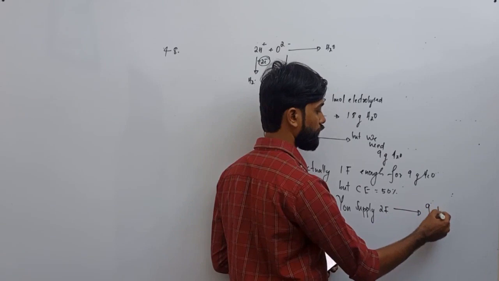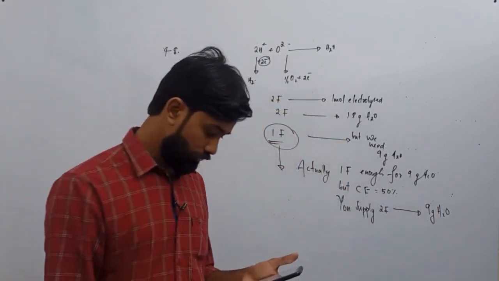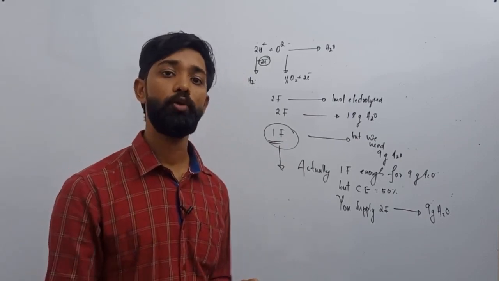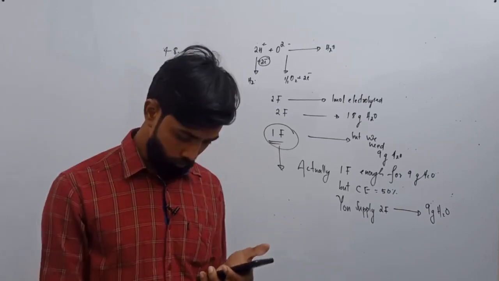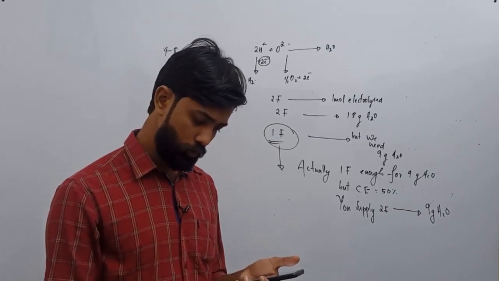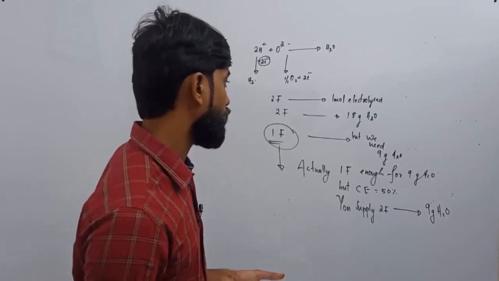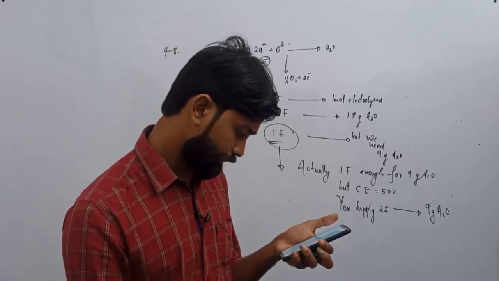Then only you obtain the expected one. Okay. So here for 9 gram, you should supply 2 farad. But 2 farad is not in the choices. 2 farad, 1 farad, 3 farad are the 1 and 2 choice. So that is not the choice.